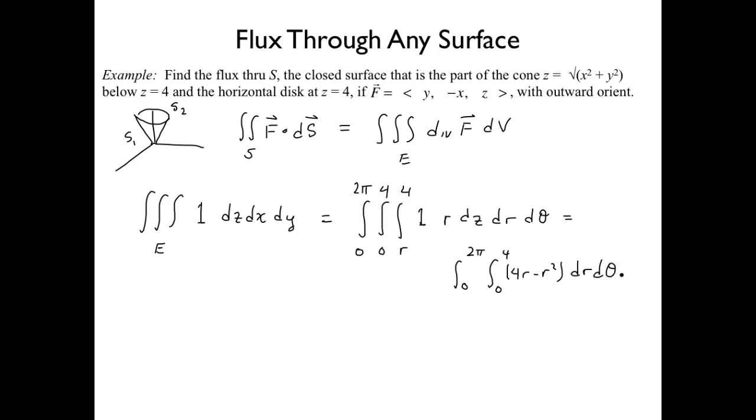Check my math. So we get 2r squared minus 1/3 r cubed, 0 to 4. Does it work? Please work. So then that's going to be, is that 32 minus 64 thirds?